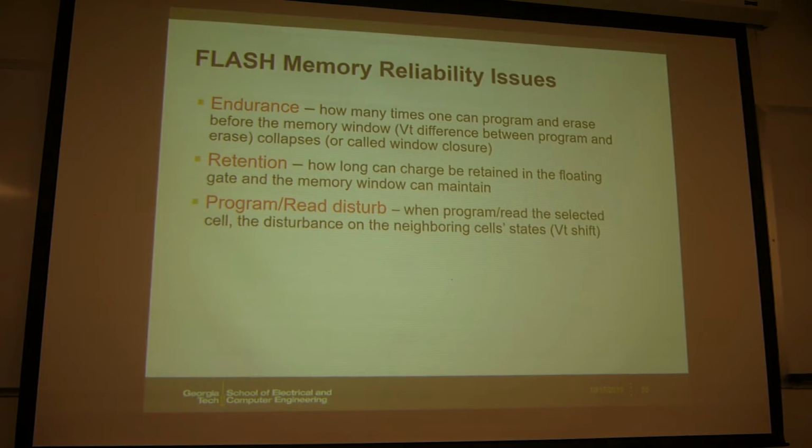Because SRAM and DRAM are volatile memory, they don't have the endurance problem, because you can write many cycles, for example, 10 to the power 15 or 10 to the power 16 cycles. So there's no problem with this endurance, because essentially you are charging and discharging, for example, your cap. But endurance is a very significant problem in the flash.